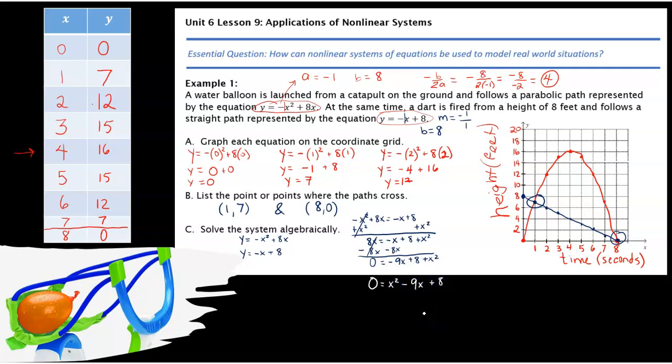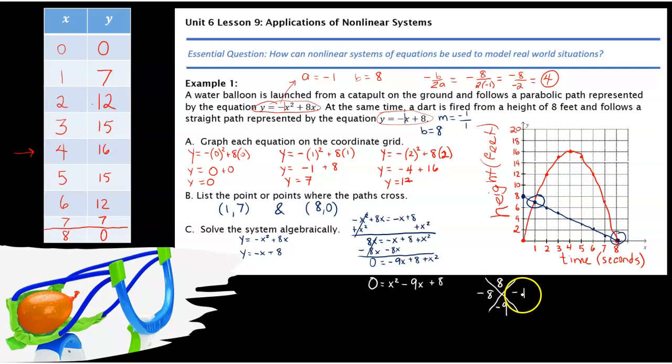Looking at this problem, I can tell that I can factor. So therefore, I'll go ahead and create my diamond. At the top, I'll have my a times c, so that's 8. And at the bottom is negative 9. Two numbers that I can multiply to get 8, but add to get negative 9 would be negative 8 and negative 1.